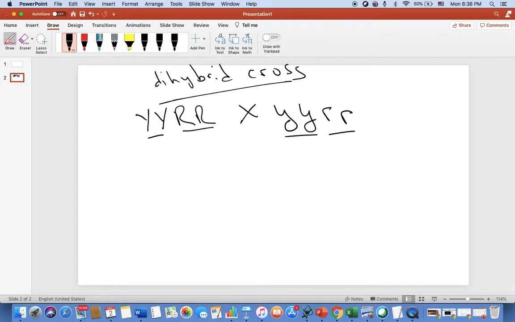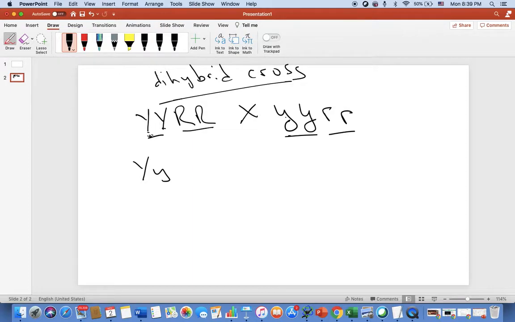So, crossing these two together, every single possible combination, crossing this Y with this Y would give me the same heterozygous dominant. Crossing this Y with this Y will give me that same heterozygous dominant. Crossing that Y with this Y will also give me that same heterozygous dominant.